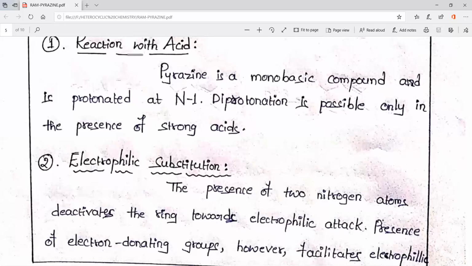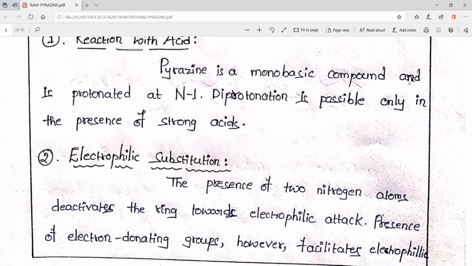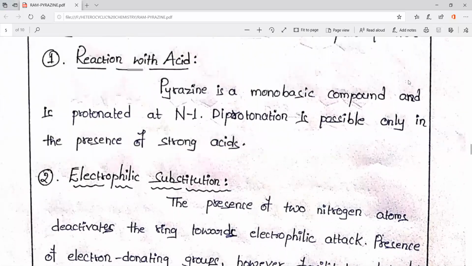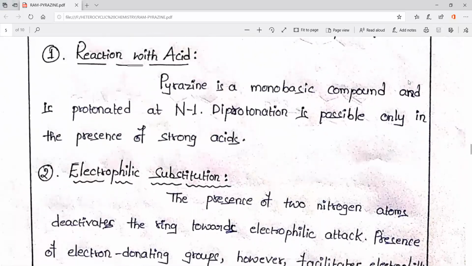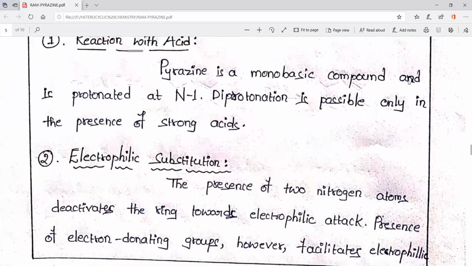It undergoes monoprotonation, and deprotonation can be done by using a strong acid. The first one is reaction with acid. So only one of the two nitrogen atoms is protonated. It can form only a monoprotonated compound.